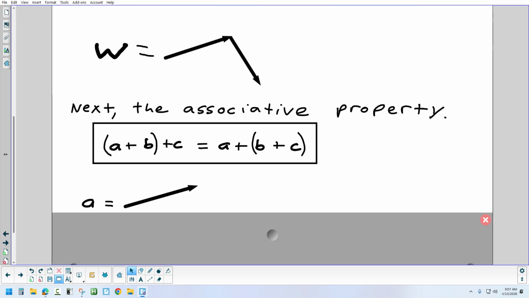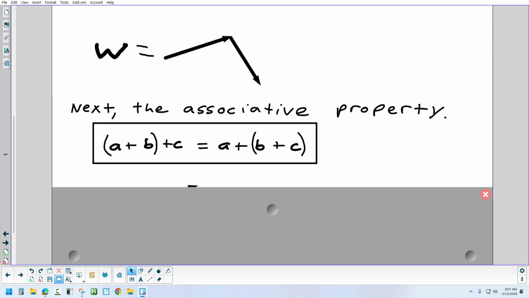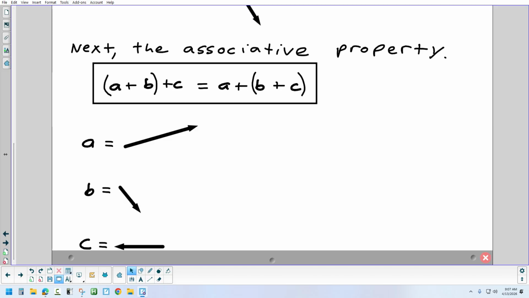Now associative. With associative, notice there's no change in the order. Both the orders are ABC and ADC. What's changing is what I do first. On the left side, they're going to have me add the A and the B first, and then I'll add C to that.